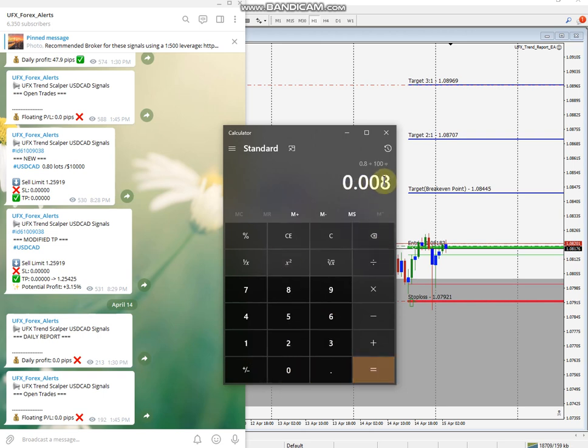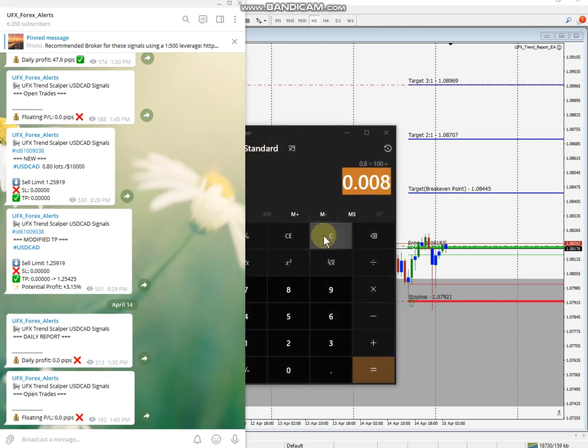And you're going to see that you round up, it's going to be 0.01. So it's going to be a small lot size. And the rule of thumb again is $150 minimum with a leverage of 1 to 500 using a lot size of 0.01.